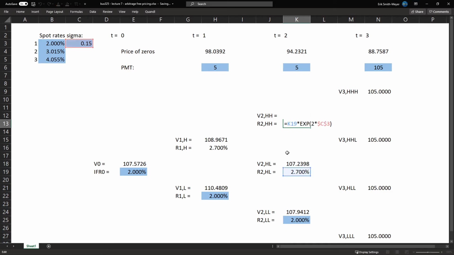So here you get the medium rate times e to the 2 times the standard deviation. You could also take the low rate times e to the 4 times the standard deviation, which would give you the same result. These interest rates are what you would use to discount the year 3 cash flows or present values to get the year 2 present value.